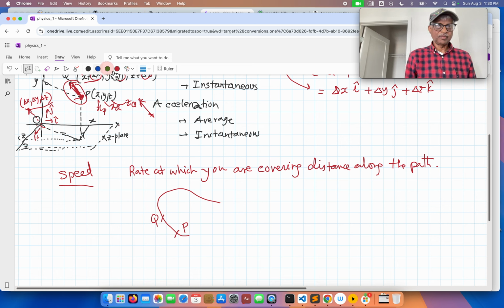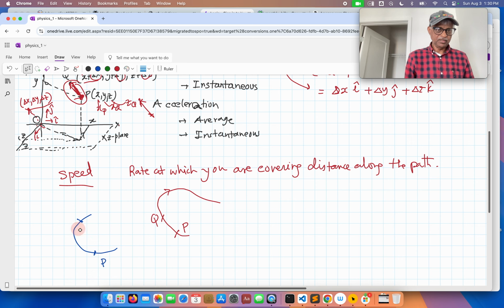Let me erase this and draw it a little bit like this.